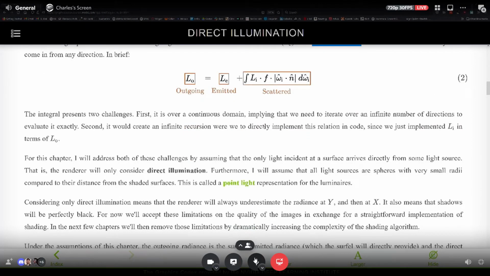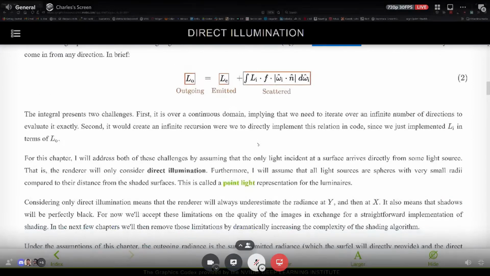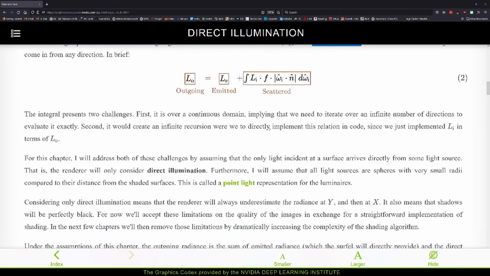It might be. I'm just trying to scan forward and I'm not seeing a reference to F. Yeah, probably BRDF. It's an integral over a continuous domain because it's from all directions. It's not from a single direction.